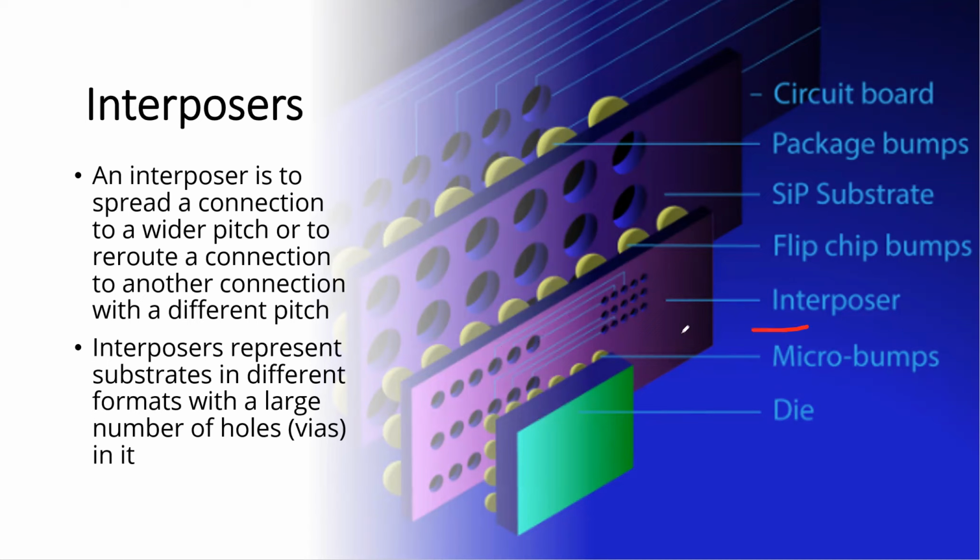Then the question is, what type of material do we like to use for the interposer? You could use silicon. As I mentioned before, silicon is a natural choice because it's rigid, it has pretty good thermal conductivity, so you have the mechanical and thermal integrity that you like.